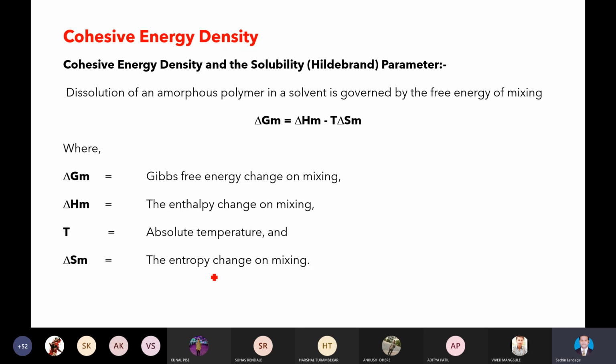It is related to the disorder or the randomness of the molecules. So enthalpy is the sum of the internal energy and the pressure times volume. That is nothing but the enthalpy. Now these things are clear to you.